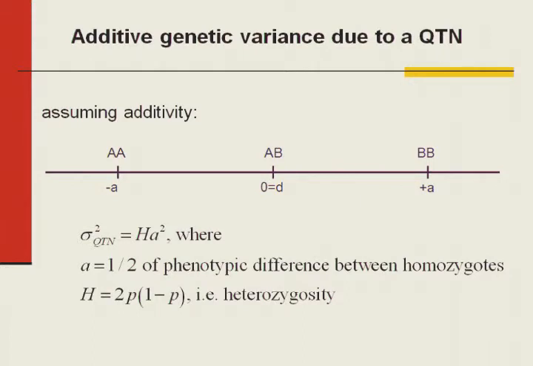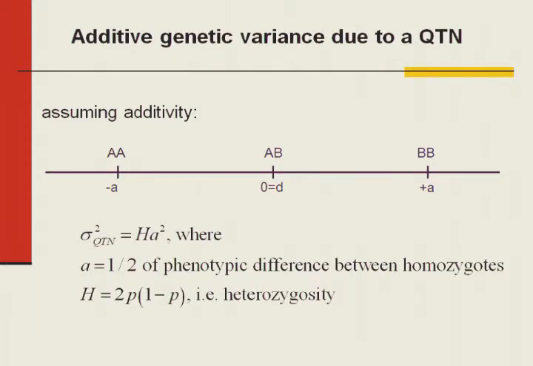My QTN variance and QTN-specific heritability is a composite of two things. It's influenced by the extent to which the mean trait values are displaced. You can think of that as an effect size in an individual. So for an individual who has the B allele, how much higher are their cholesterol levels?